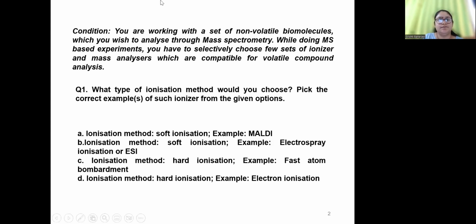So any idea, Prekshi? Okay, you're saying ionization method, soft ionization, example, MALDI. Anything else? No, ma'am.